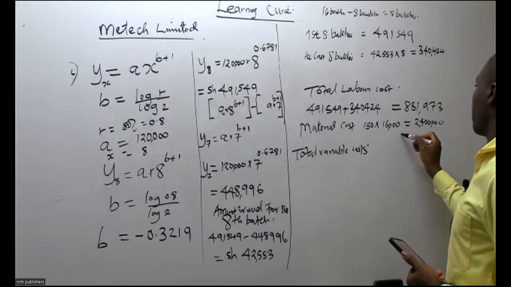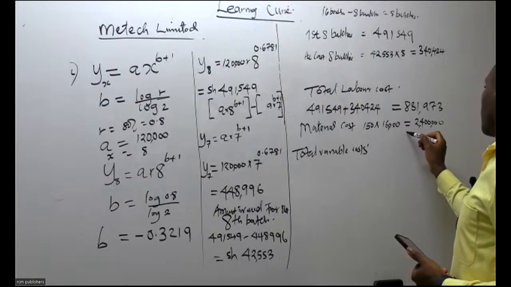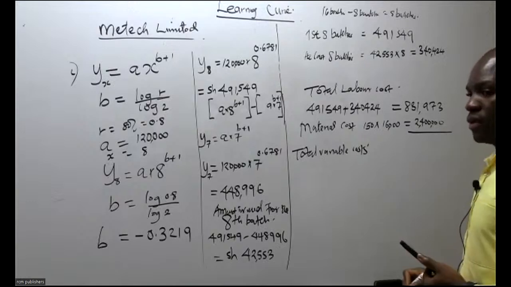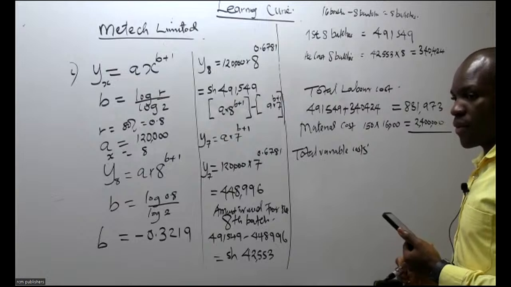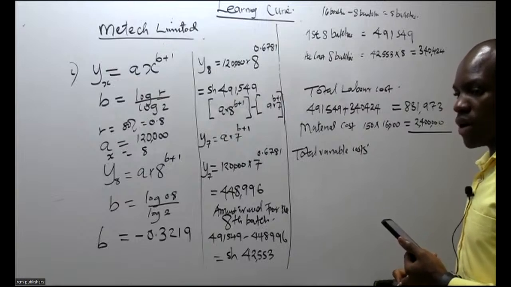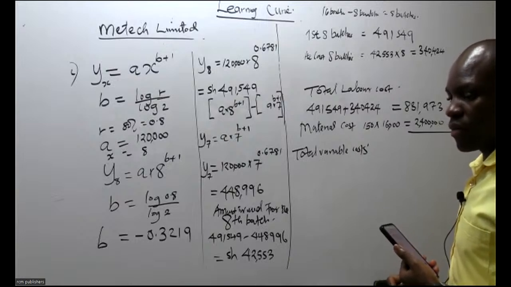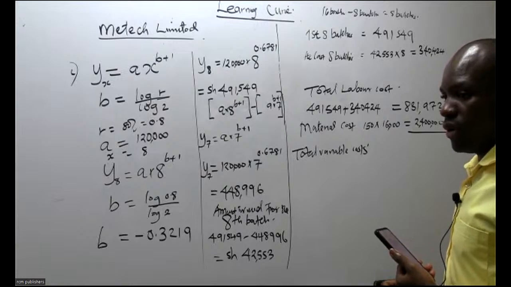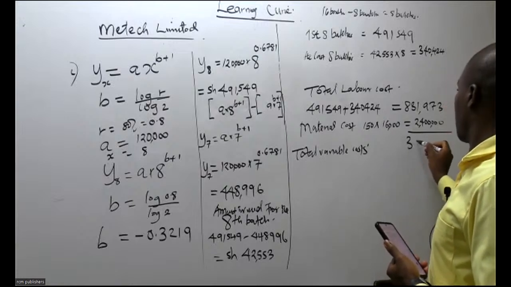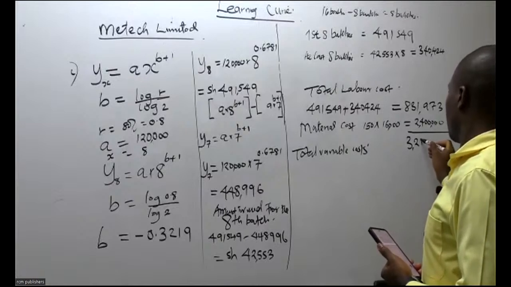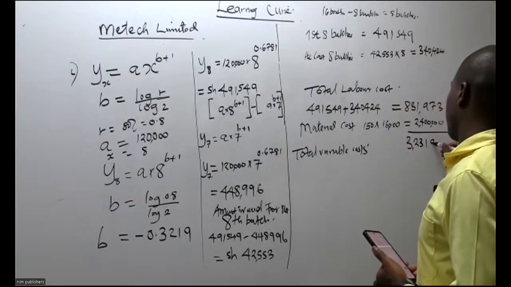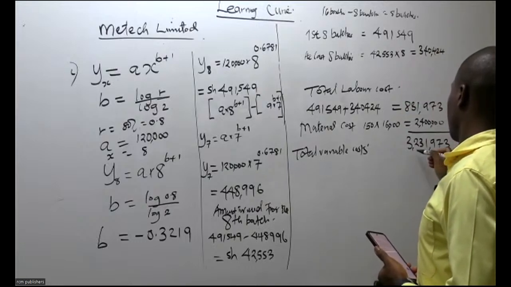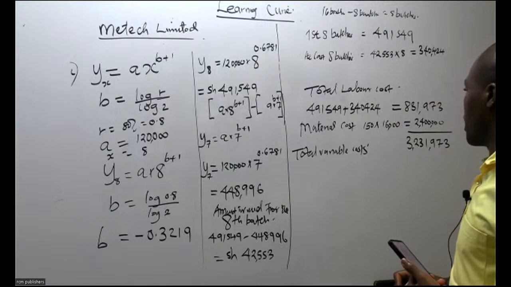So if you add everything, what will you have? Is it 3 million? If you add everything there, this plus this, how much will we have? 3,231,973.